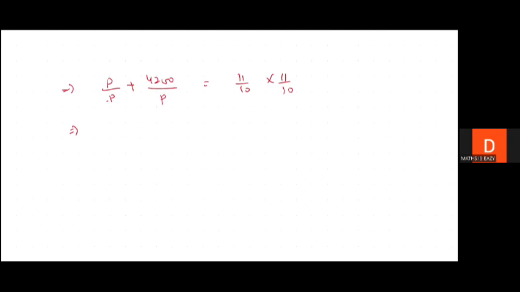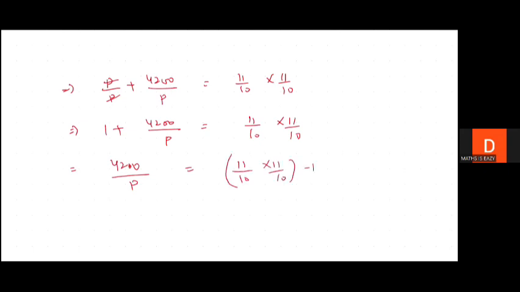Cancel it: 1 plus 4,200 by P, and we will bring this 1 to the right hand side. 11 by 10 into 11 by 10 minus 1.